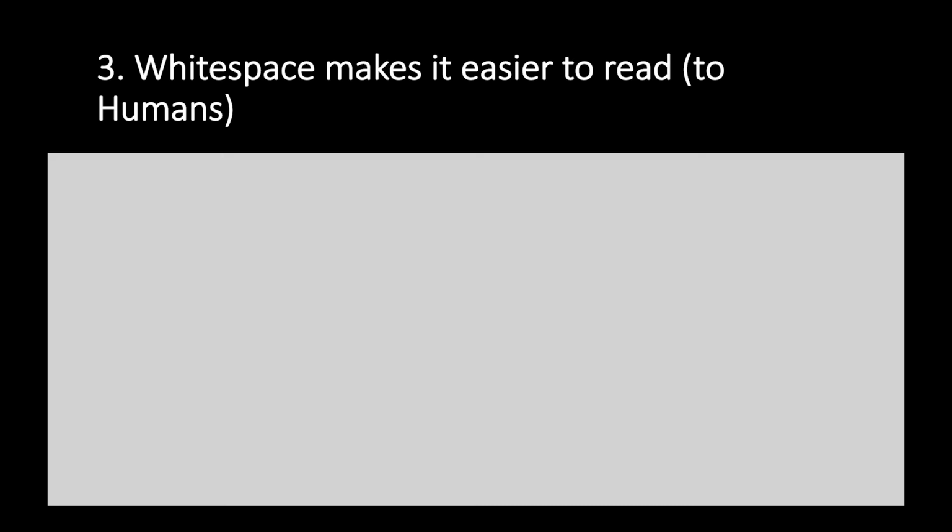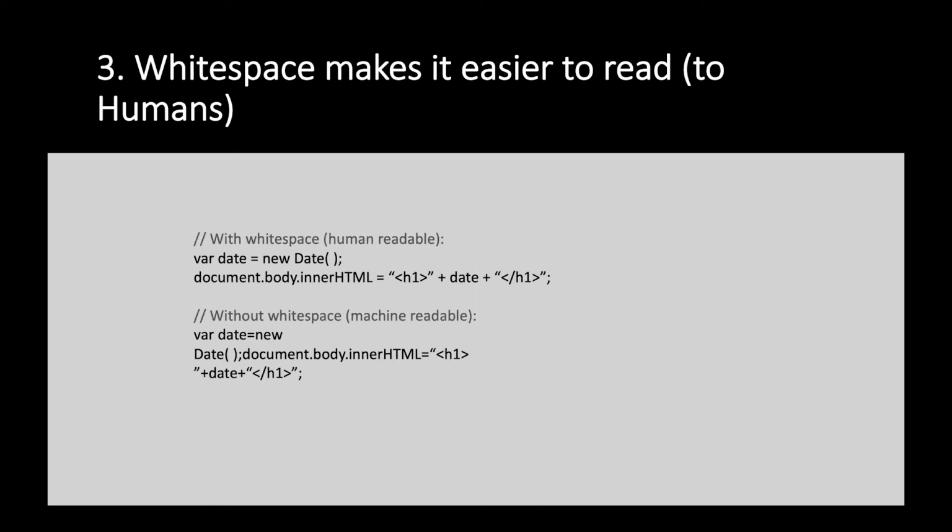Rule number 3. JavaScript does not care about whitespace, but you should. When we write JavaScript, we provide instructions in the form of statements. Each statement is a separate instruction. So, for example, create a variable, add the current date to the variable, output the current date as HTML inside the body element, etc. How exactly you lay out the document doesn't matter much to the browser.